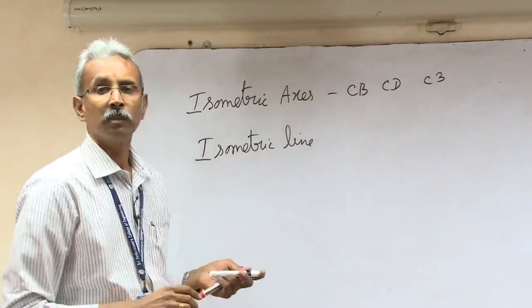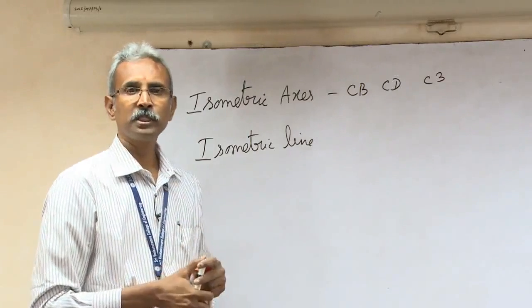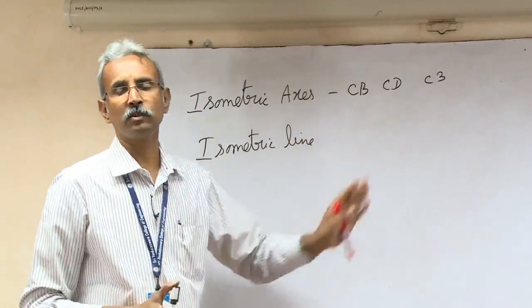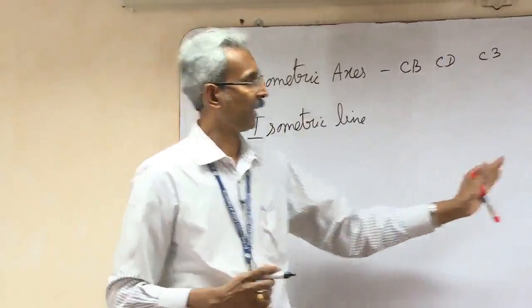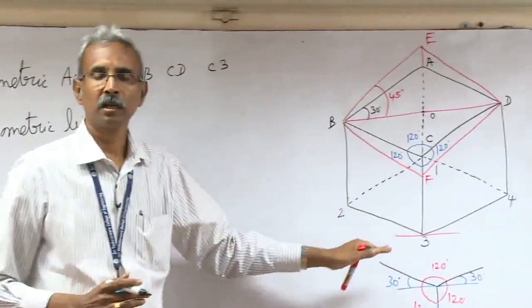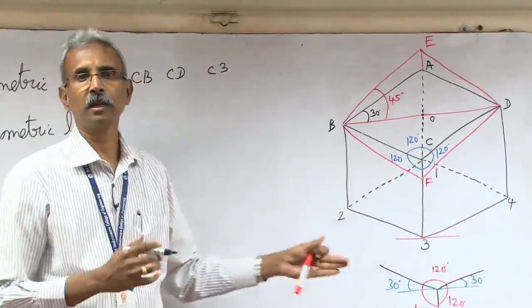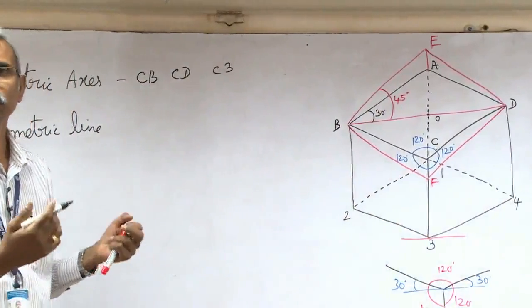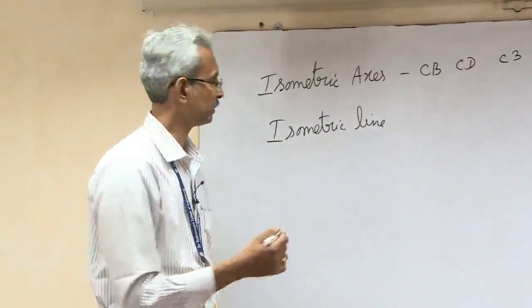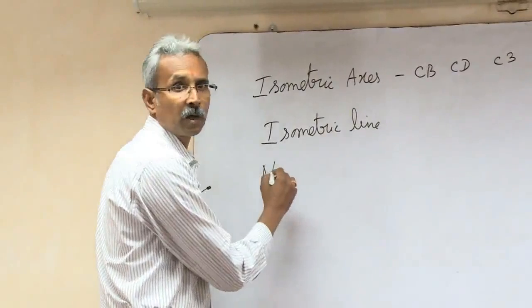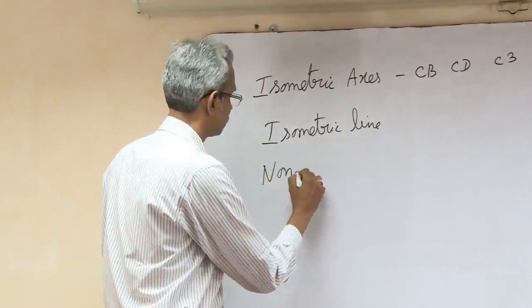And now there may be a line which is not parallel to any of the isometric lines. Of course we will see that later, but still, if a line is neither vertical nor inclined here, it's called a non-isometric line, which will not be parallel to the isometric axis or isometric lines. So we'll call them non-isometric lines.